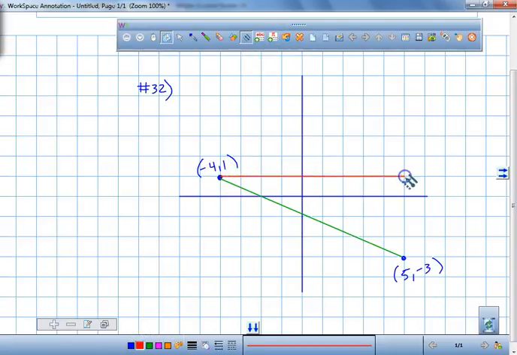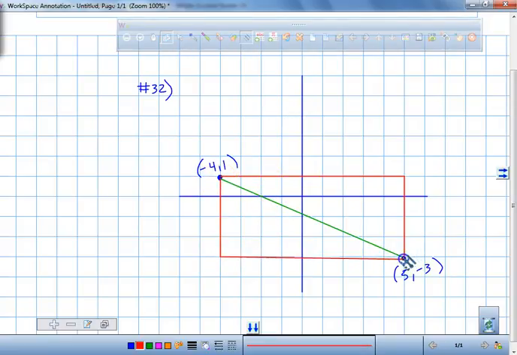Diagonal. Yes. That is what's called the diagonal of a rectangle. So there's our rectangle. Okay? Just by knowing the two ordered pairs for the diagonal, you should be able to complete a rectangle on graph paper if that's what was given to you.